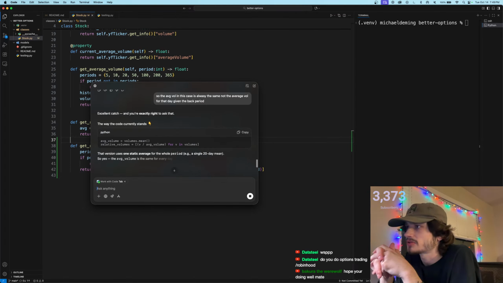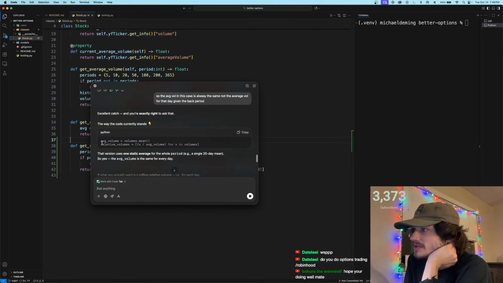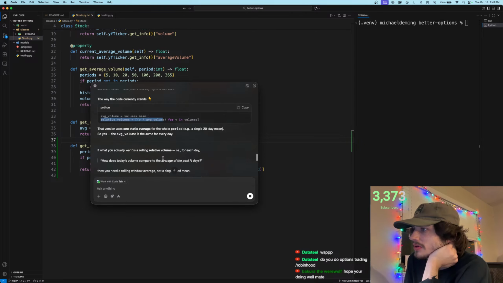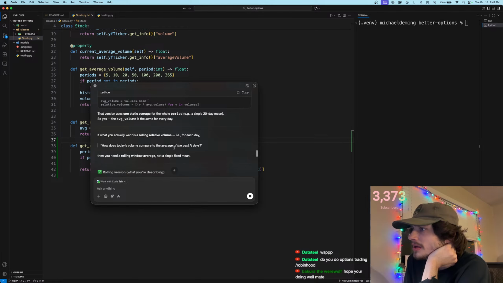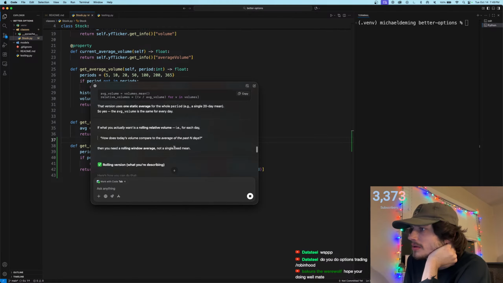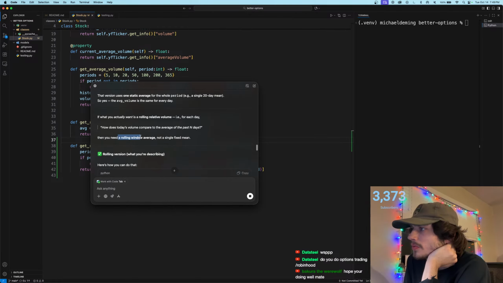Yeah, exactly. So that the way that currently stands is this, where we do this. What you actually want is a rolling relative volume for each day. A rolling window average.